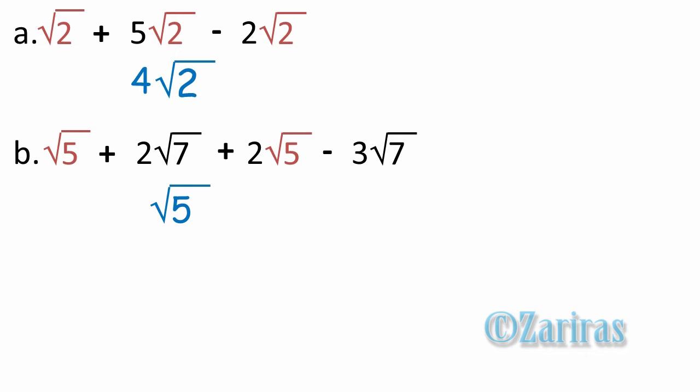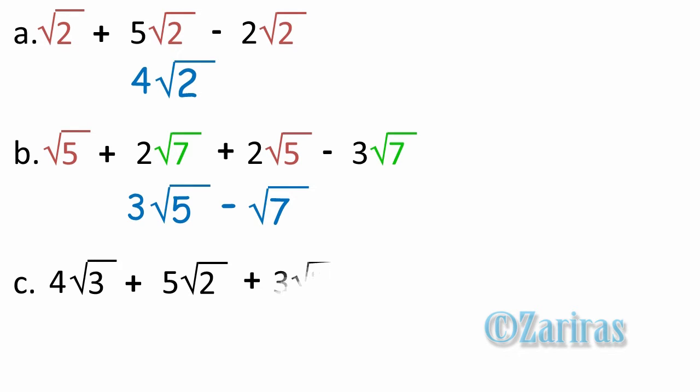We have 2 and 1 there. 2 plus 1 is 3 root 5. Next we'll see the root 7. We have 2 root 7s. So here we have 2 minus 3. We'll place the root 7 first and we'll sum the coefficients. Minus 3 plus 2 is equal to minus 1. So 3 root 5 minus root 7 will be the simplified answer.